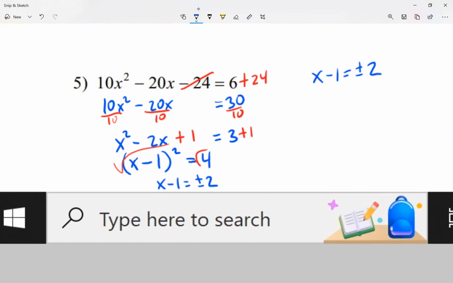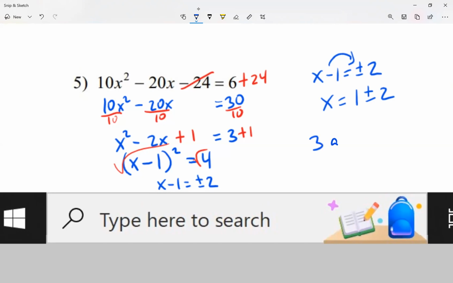Okay, so I want the x by itself, so the minus 1, I'm going to move it over. So I get that x is equal to positive 1 plus or minus 2. Notice I switched the sign on the 1. So my two answers are going to be 3 and negative 1. Now the word and, when you type in your answer, you don't have to type it in. I already have it in there. I just want you guys to do 3 and negative 1.